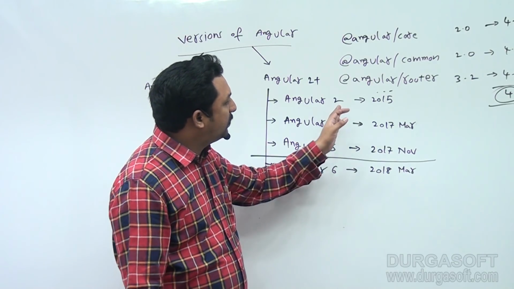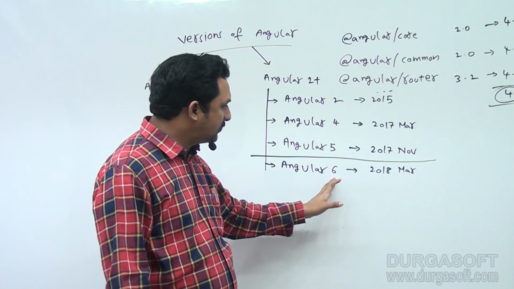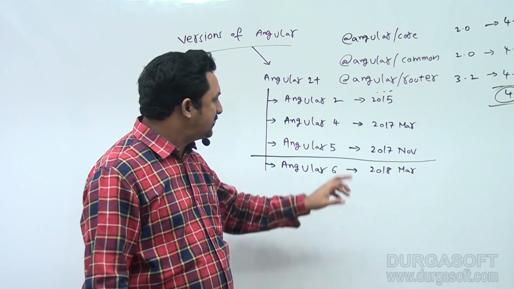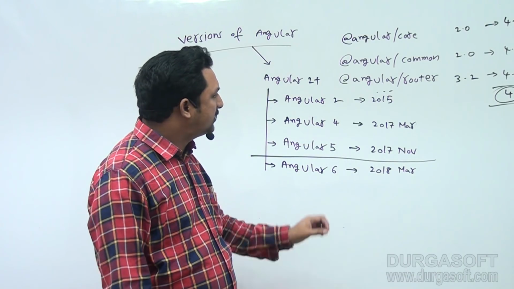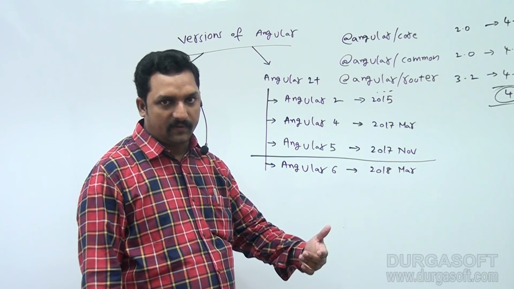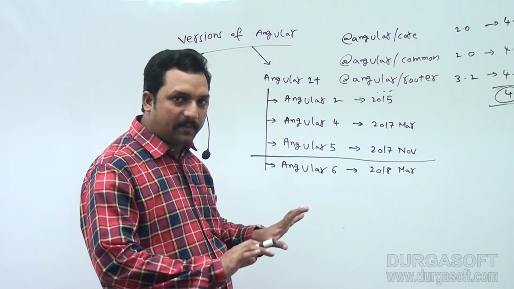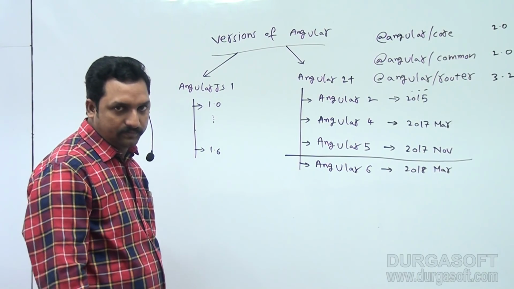But there are almost no differences between Angular 2, 4, 5, maybe in 6 also, just very nominal changes. Mostly 90% the same between 2, 4, 5, 6. Just minor features, bug fixes, and performance improvements, which are common. 90% the same in 2, 4, 5, 6, but 100% different between AngularJS 1 and Angular 2.